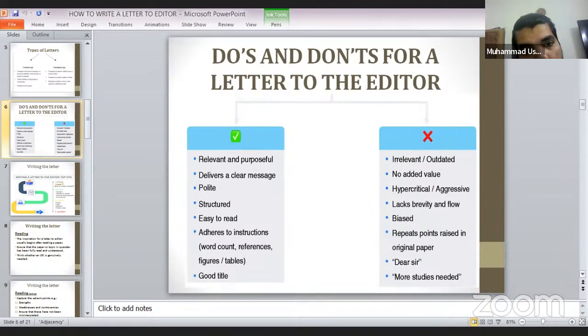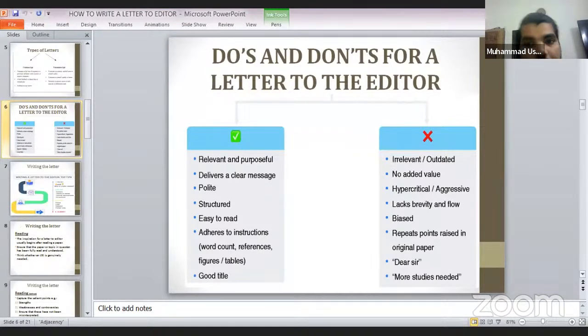It should also adhere to the instructions given by the concerned journal, and you should observe the limits on word count, references, figures, and tables, because every journal asks for specific restrictions, such as a letter to the editor of 400 words, say four references, and one or two figures or tables. So you should adhere to these instructions.